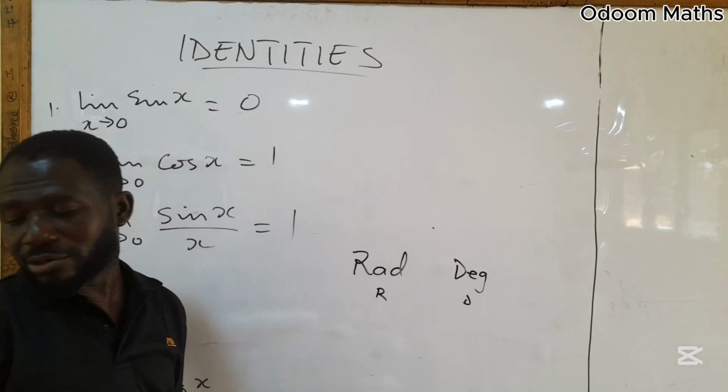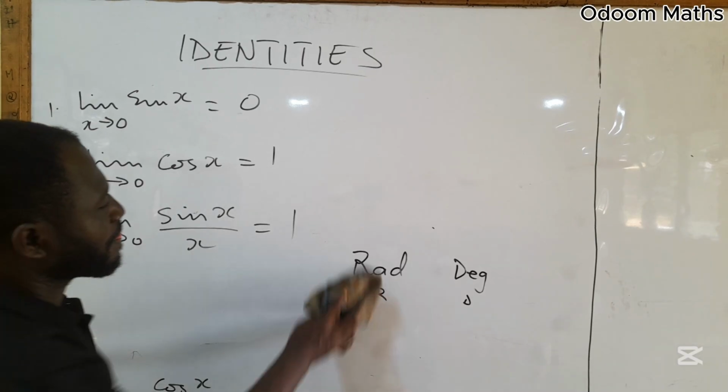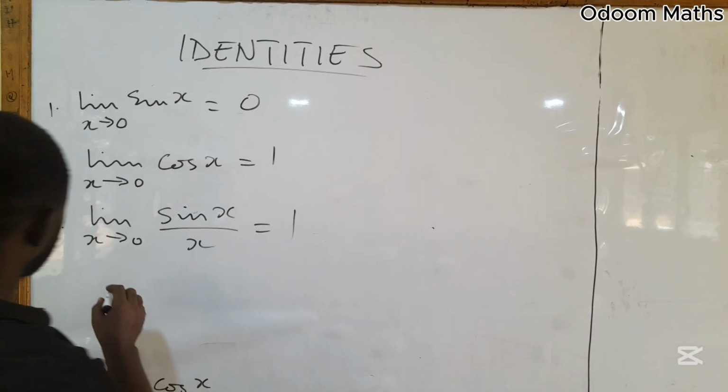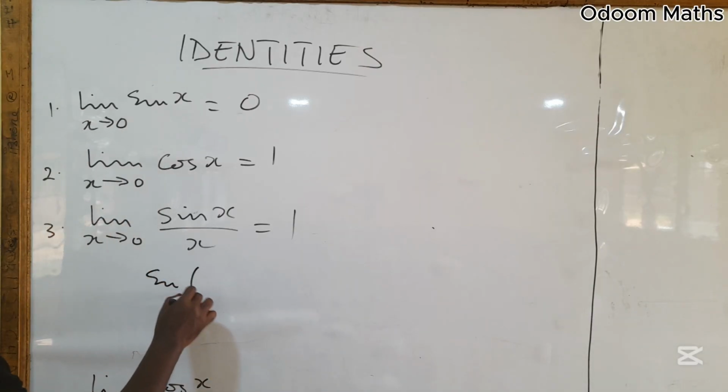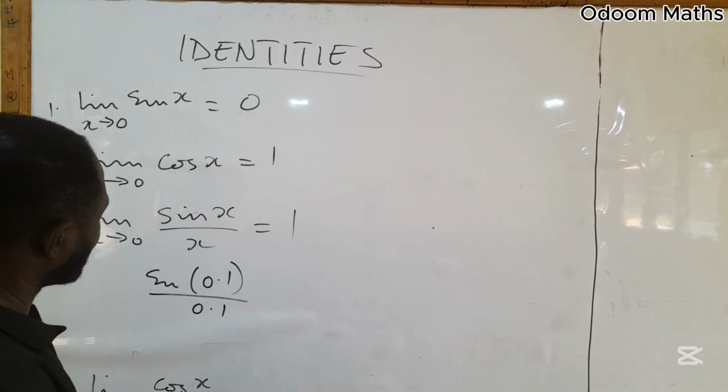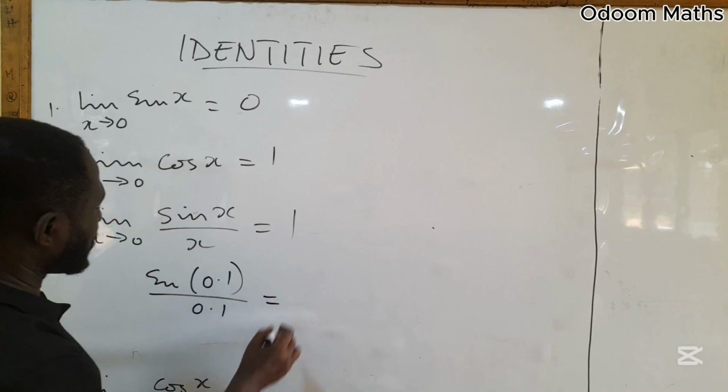Now let's go through that. Let's put sine 0.1 over 0.1. When we see x, we put 0.1 and see what happens.